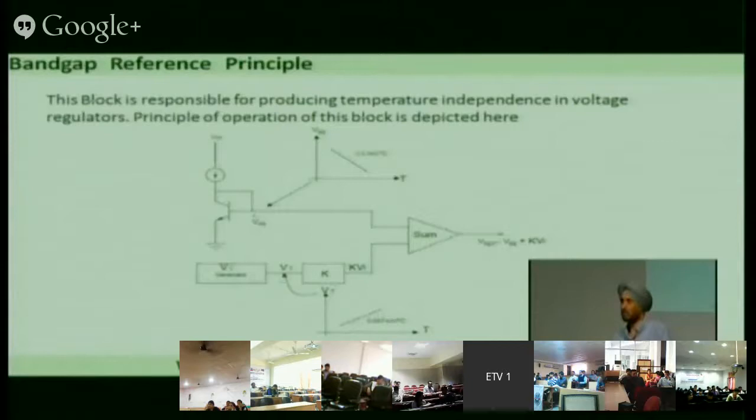So if I make this VT generator, a thermal voltage generator, its output increases by 0.087 millivolt per degree centigrade.